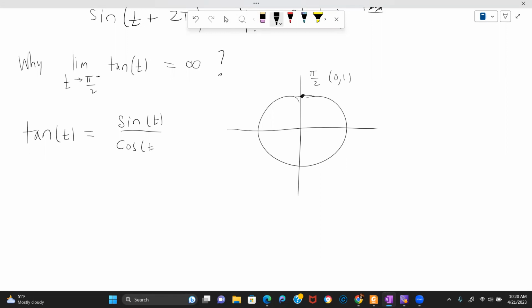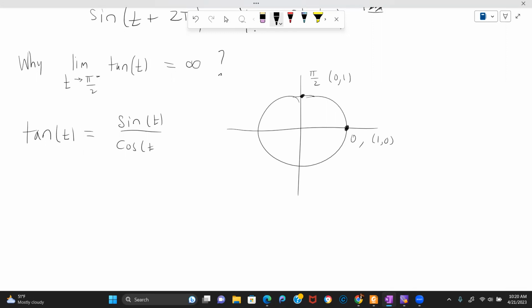This is our reference point. It's a t value of 0, and it corresponds to (1, 0).